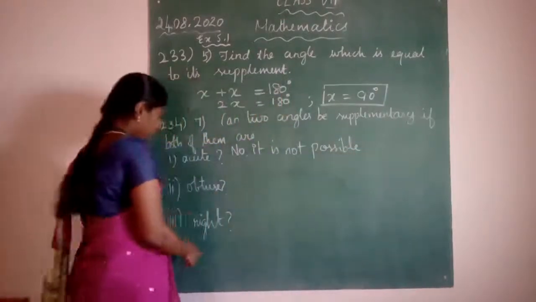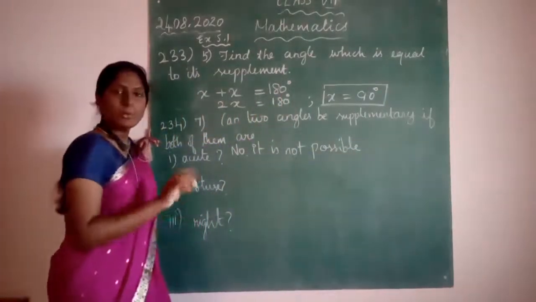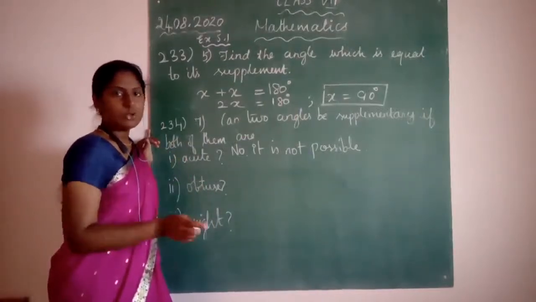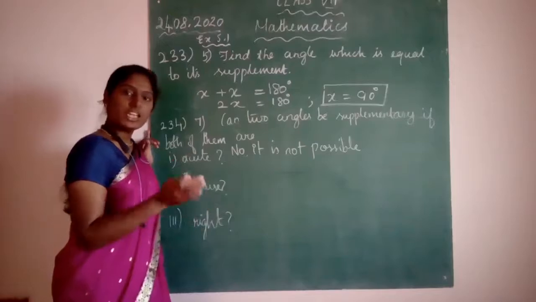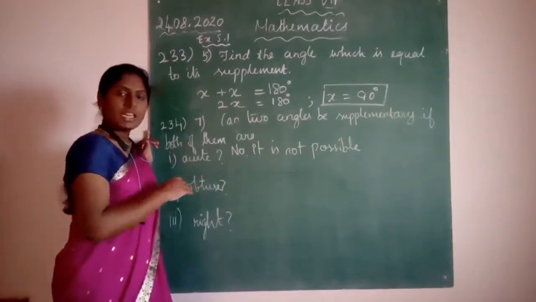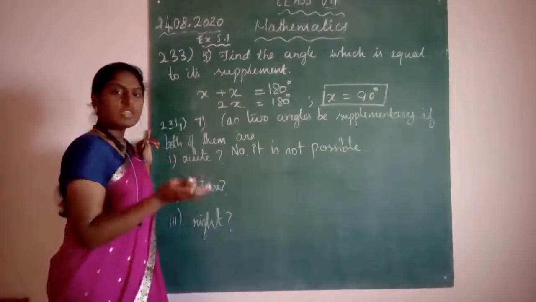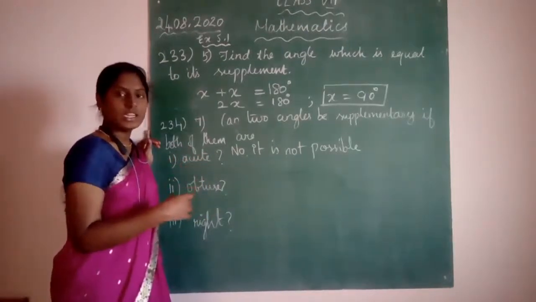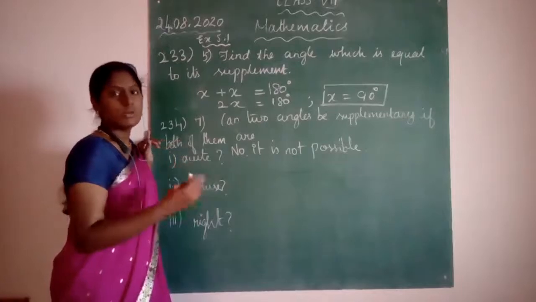Next, obtuse angles. For an obtuse angle, the measures are more than 90 degrees but less than 180 degrees. So if both the angles are more than 90 degrees, then how will the sum be equal to 180? It will go beyond 180.